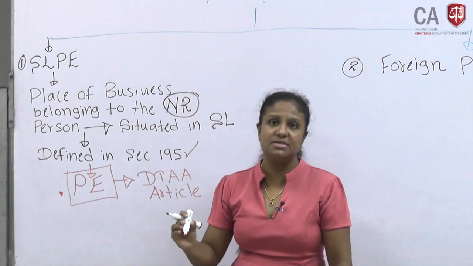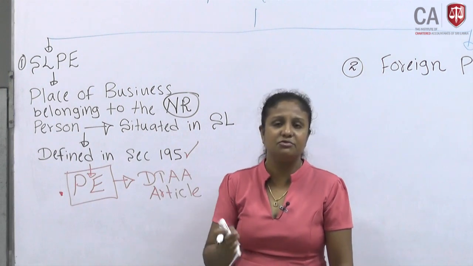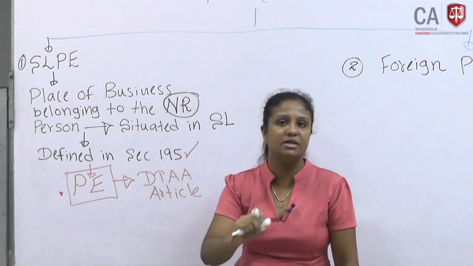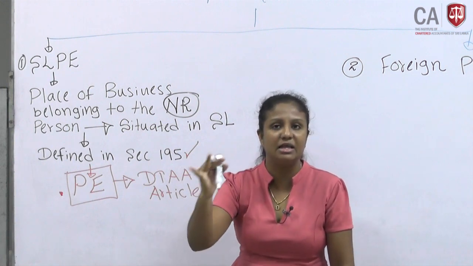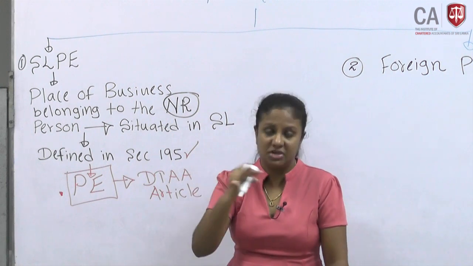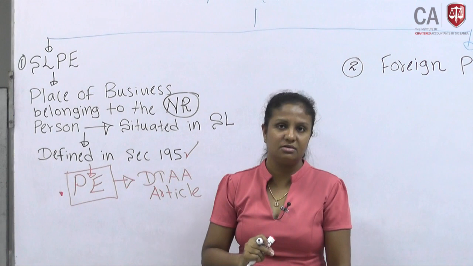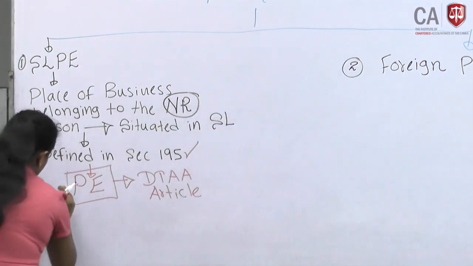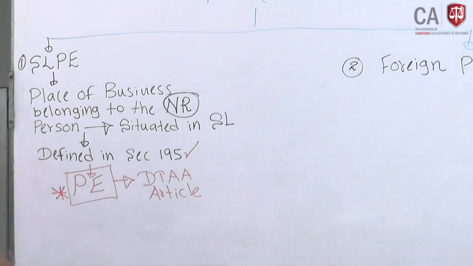Your every answer should be finalized and recommended based on the double taxation treaty, if there is a treaty between Sri Lanka and the other country which is tested in your paper. Clear? This is a very important thing.